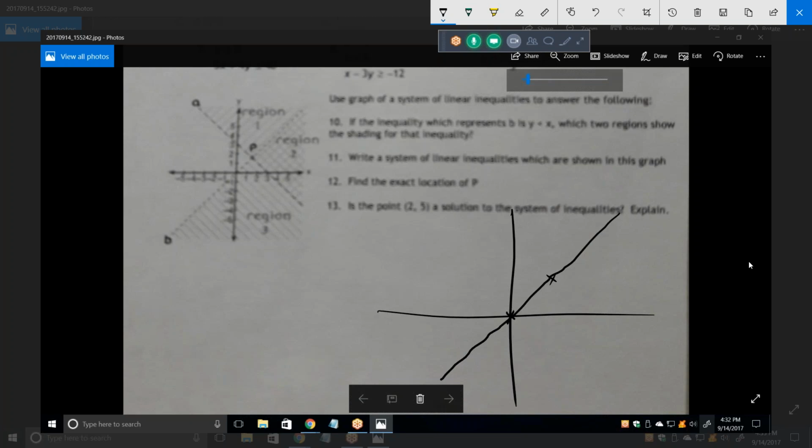Okay, well, they've given us one of them. Y is less than x. What's the other one? In other words, what's the equation of that dotted line? And then we'll figure out what the inequality of it is. What's B? 3. What's the slope?